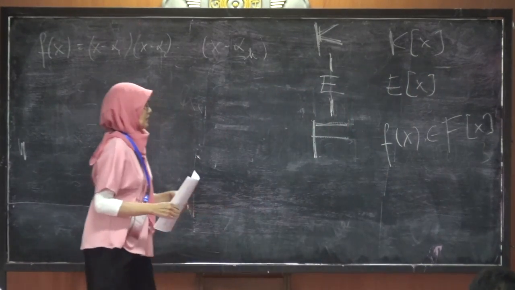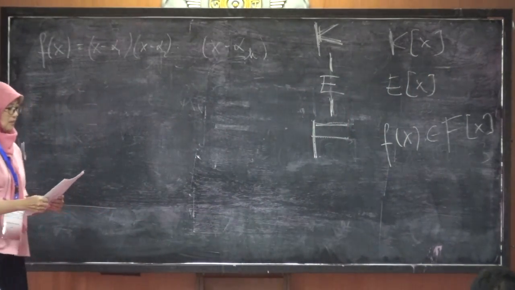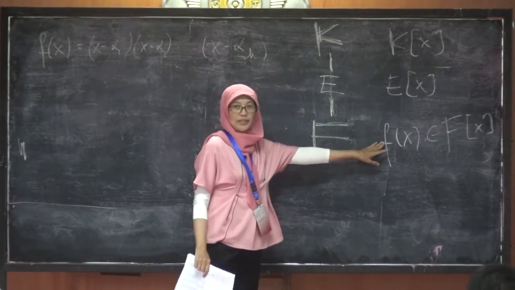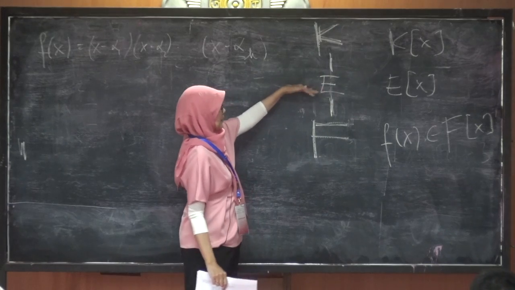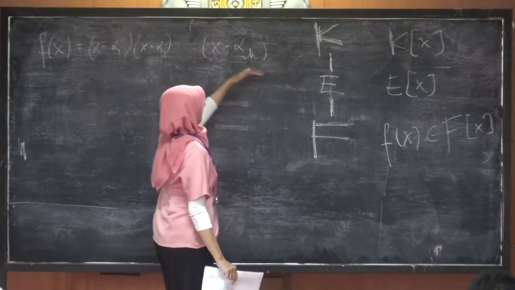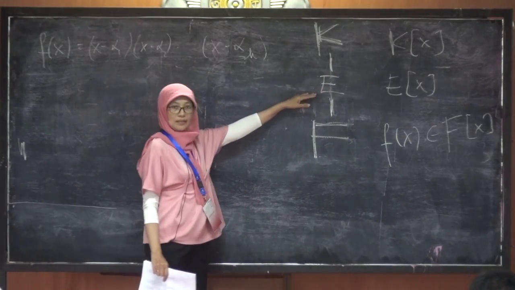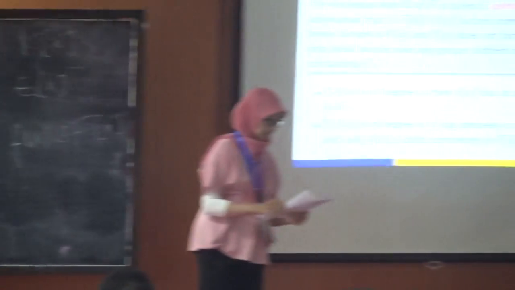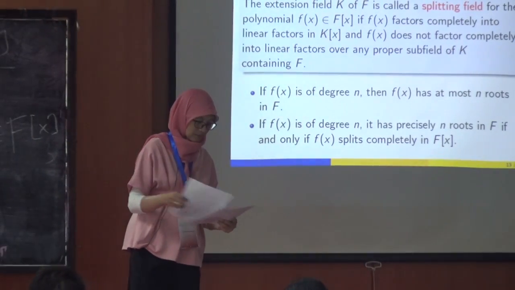This means the splitting field. So this K is the splitting field for this f(x). If there is another field, it could not happen here. So, okay, some examples I have here.